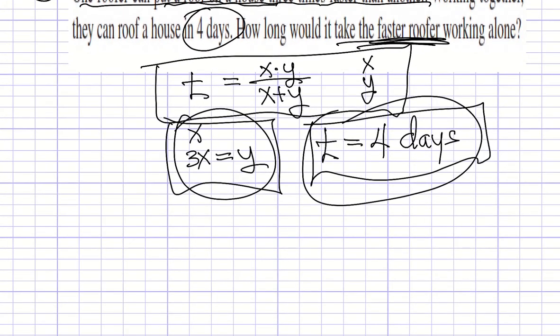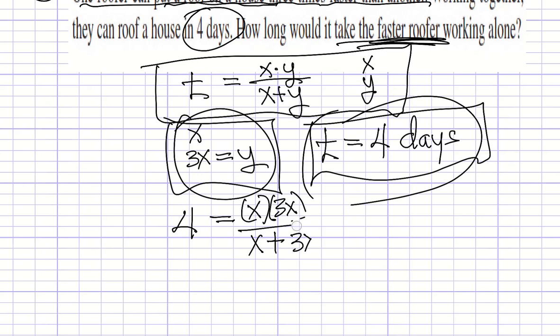We get 4 days here equals x. x stays the same, but y changes to 3x. That's all. And then x stays the same here, y changes to 3x. Make sure you get this. Go over this many times until you get it. It's nothing to be scared of.